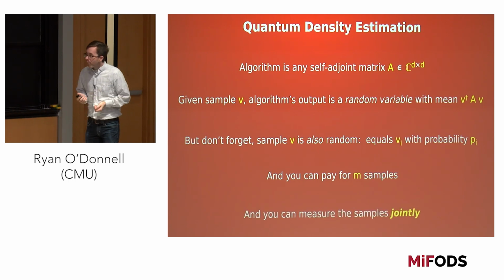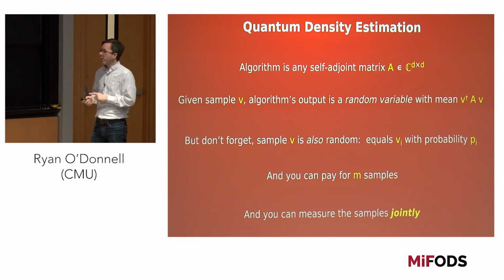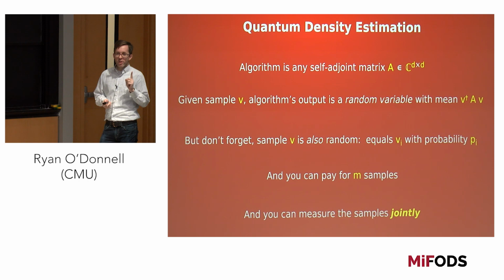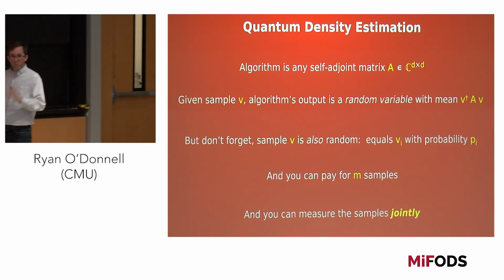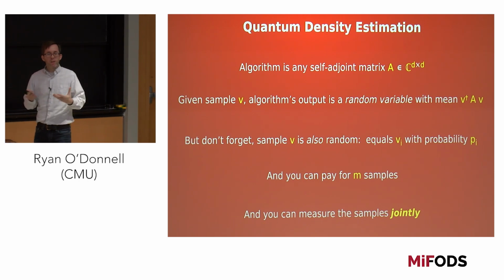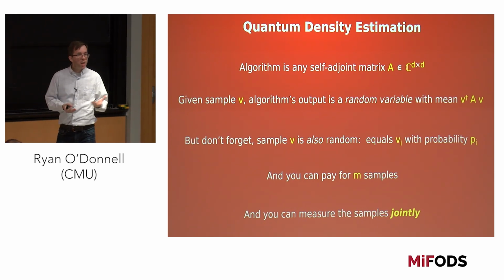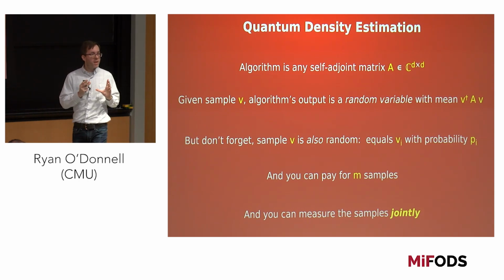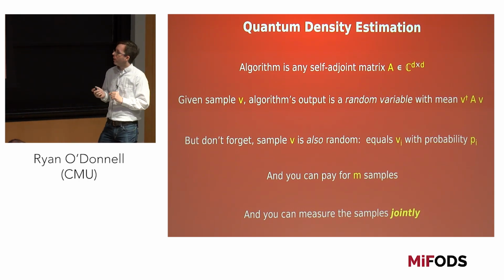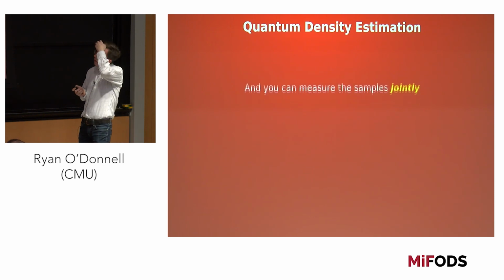And it's even more complicated than that. This goes to Pablo's question, which is that you can measure the samples jointly. So one thing you can do is do this kind of measurement for each of your samples, collect m real numbers, and do something with them. But you can also do one big old measurement on the whole sample. So what do I mean by that?